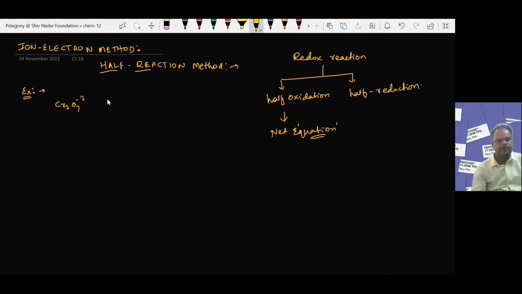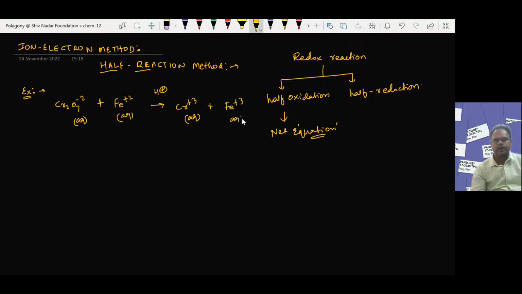Dichromate ions in aqueous solution react with ferrous aqueous solution in acidic medium, changing into chromium +3 ion in aqueous solution and iron changes into Fe+3 ion.